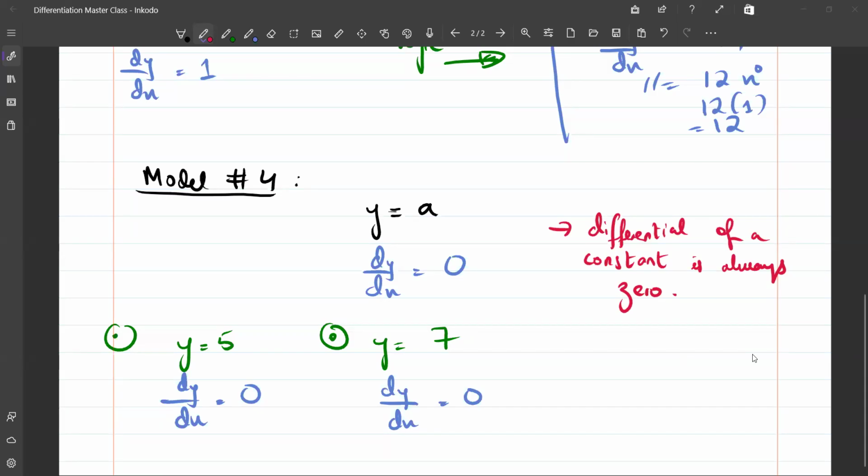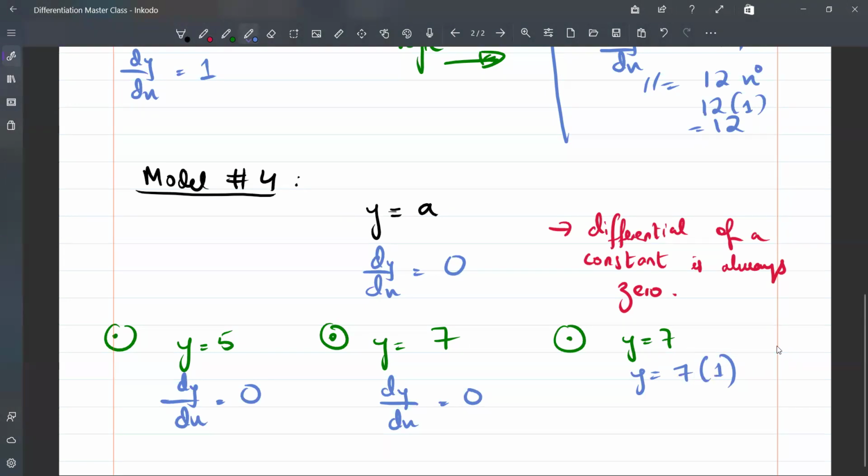And the logic of this is not required, but if you want to know it, it pretty much follows the same logic. Let me just show you an example. Let's use 7 as an example. So y is equal to 7. We know that it can be rewritten as 7 times 1, right?